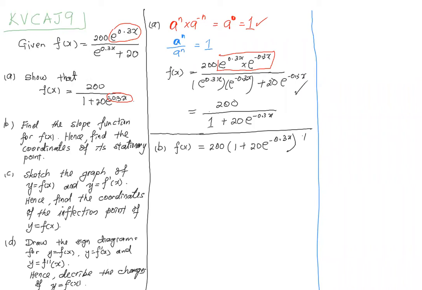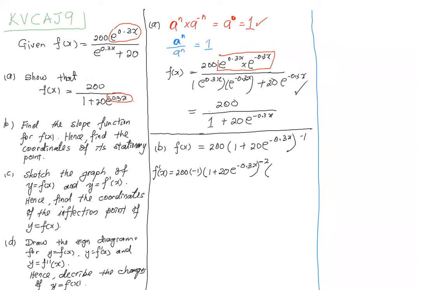Right? So now I start to use chain rule. Bring down the power. Copy down the whole thing. Power take away 1.